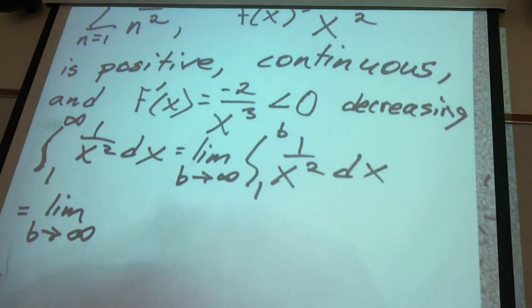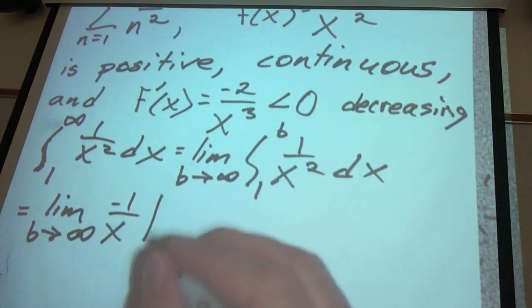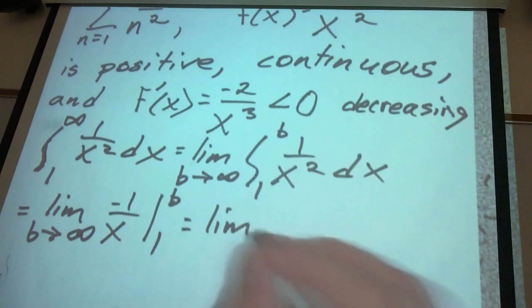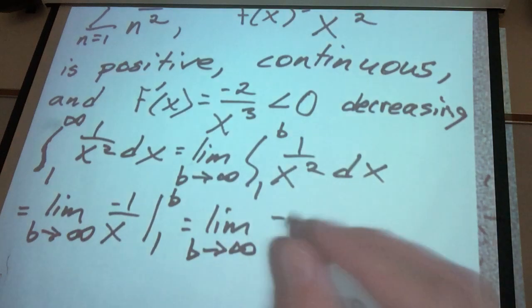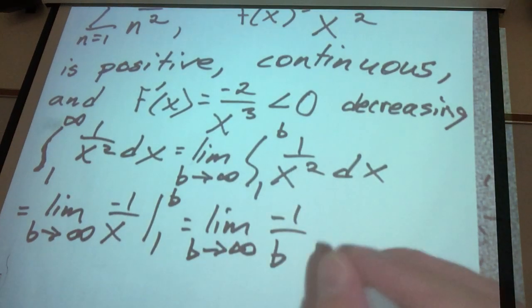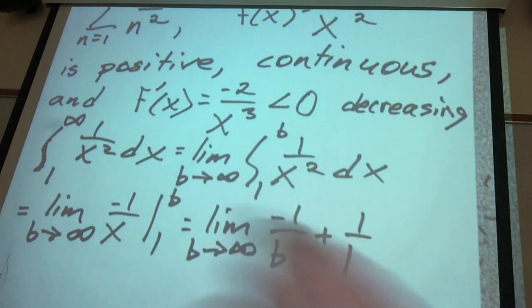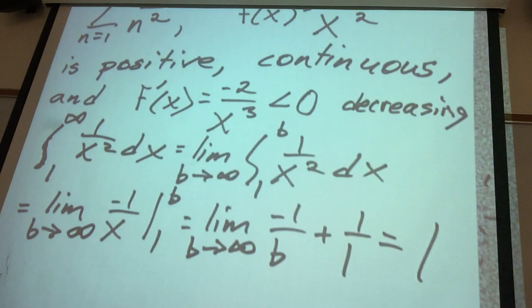It's going to go up to negative 1 and divide by that. So that would be negative 1 divided by x, evaluated at 1 and at b, which would equal the limit as b tends towards infinity. That would be negative 1 divided by b, and then plus 1 divided by 1, and this portion right here would go to 0. That integral comes out to be 1.